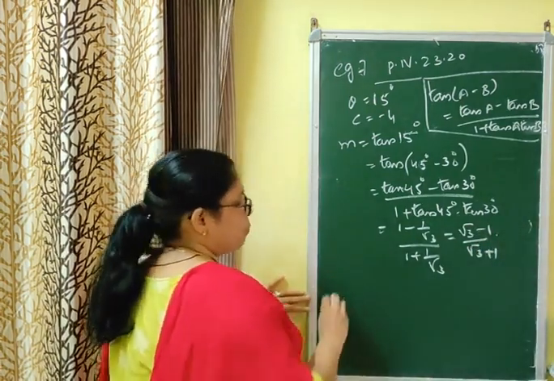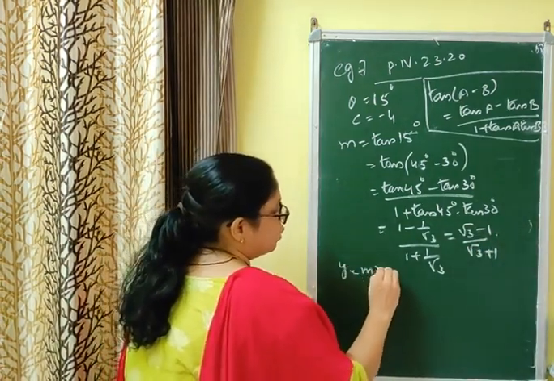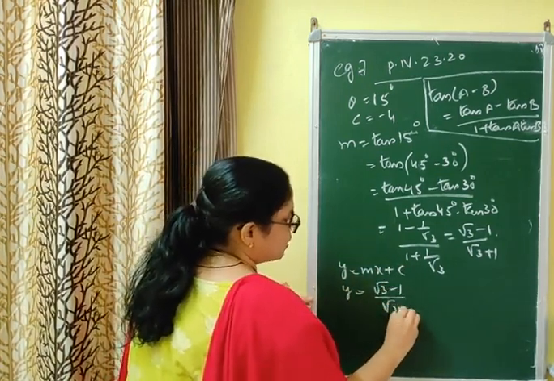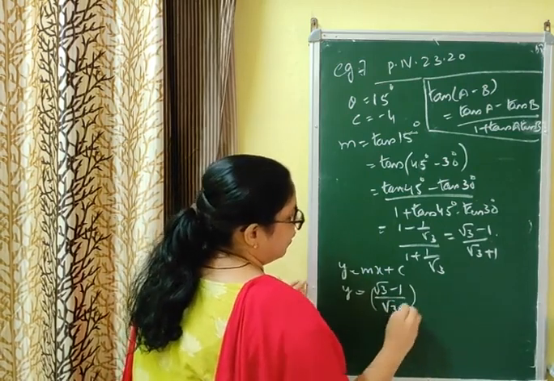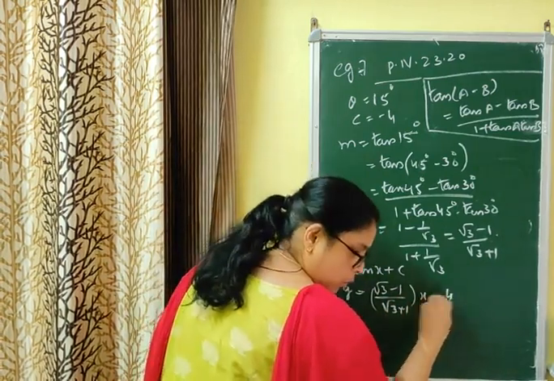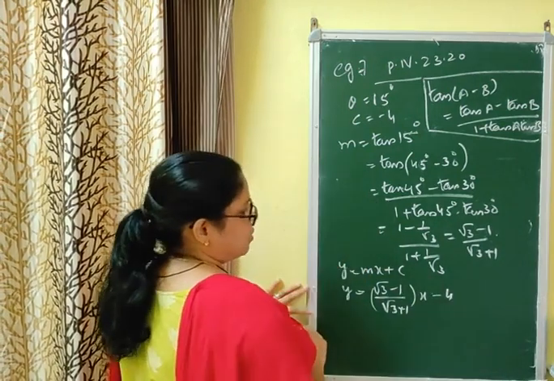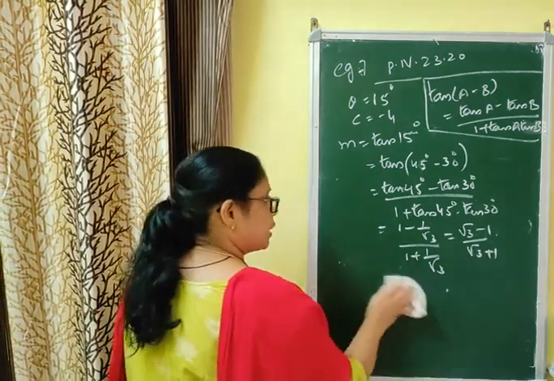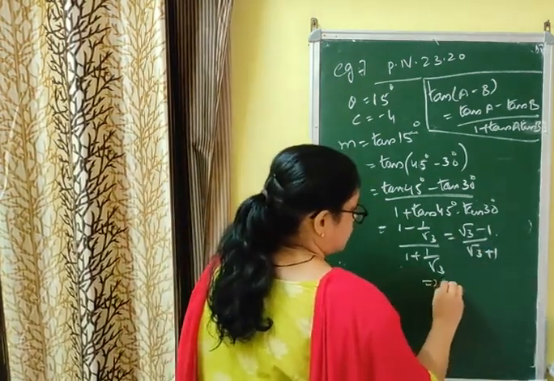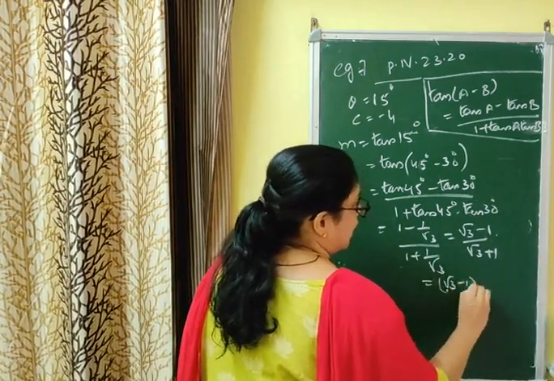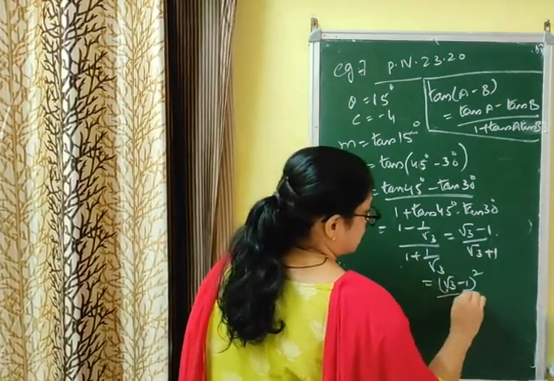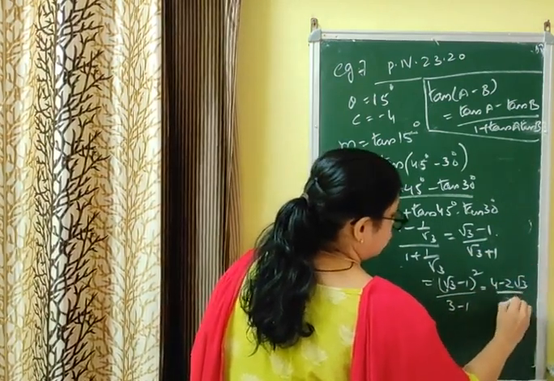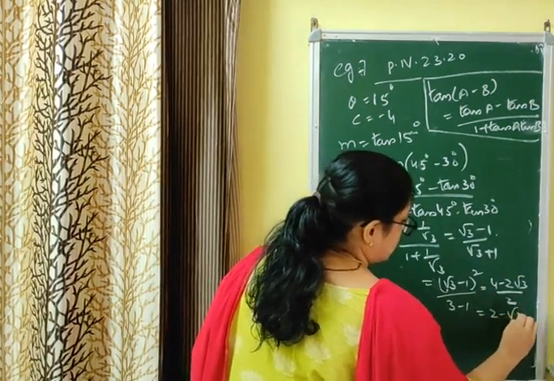Now using the slope intercept form, y = mx + c, you get y = (root 3 - 1) upon (root 3 + 1) into x + c, where c is -4. Before that this can be solved further. Always remember, if there is an irrational form in the denominator, rationalize it. This becomes (3 - 1) that is (4 - 2 root 3) by 2, that is equal to 2 - root 3. It has come to a simplified form.